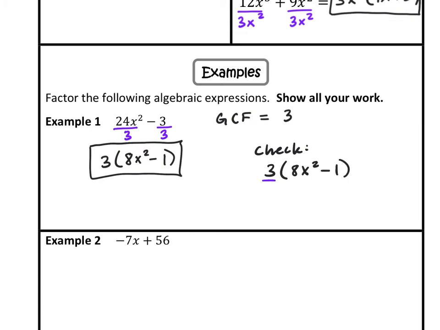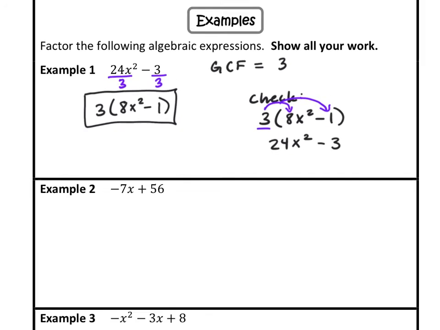So if I multiply 3 back out, what's 3 times 8? It's 24. Bring down the x squared. What's 3 times negative 1? Negative 3. And so did I get the original problem back? Yes. So then the factoring that I did is correct.